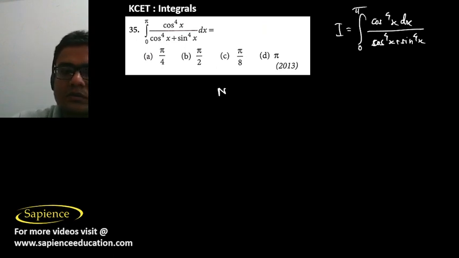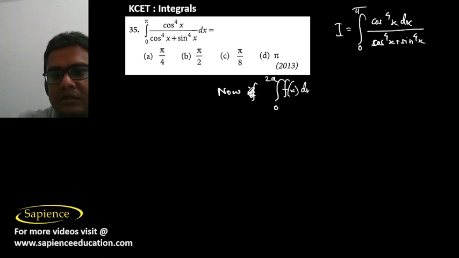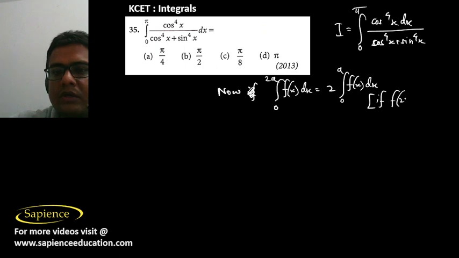So now the rule is that we know that integral 0 to 2a f of x dx is equal to 2 integral 0 to a f of x dx if f of 2a minus x is equal to f of x.